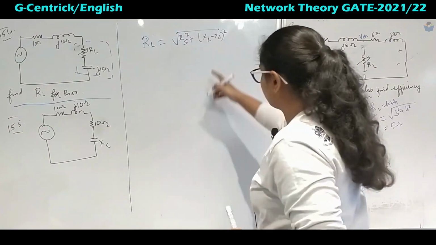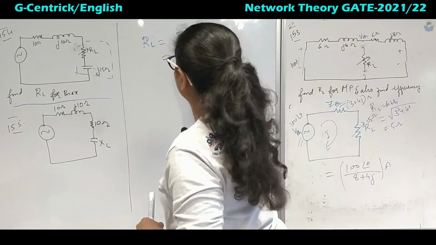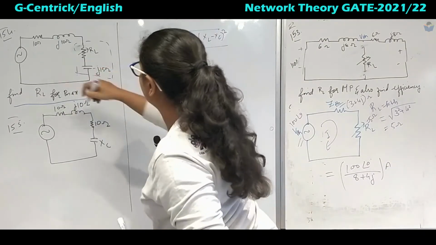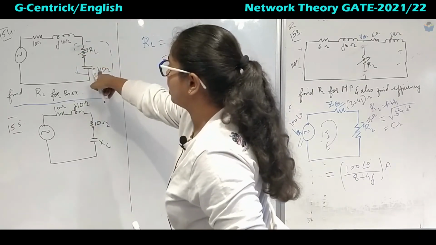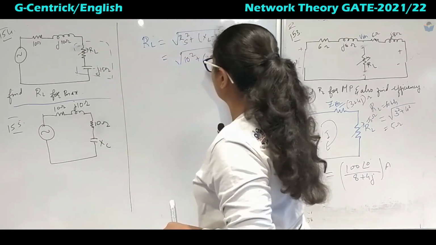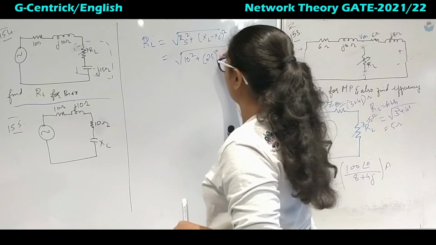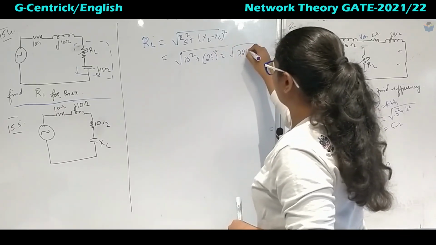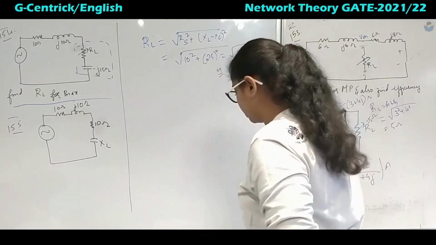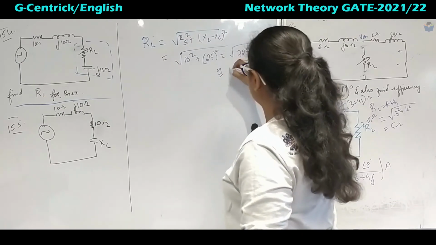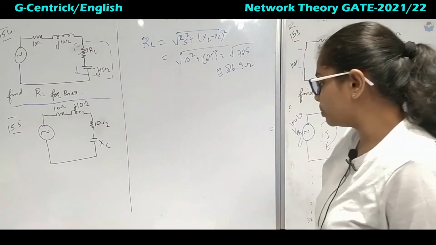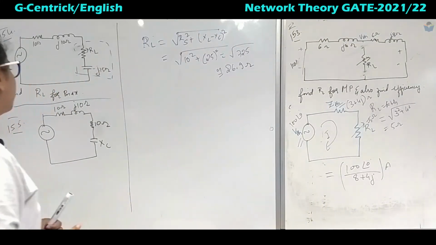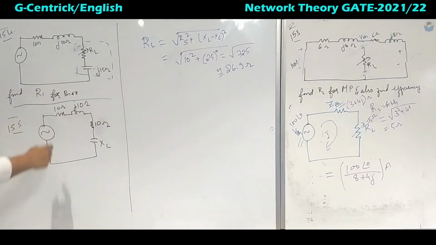Substituting what we have: RS is 10 square, plus XL is 10, minus of minus is 15, so together 25 square. The square root of 725 comes out to approximately 26.9 ohms. This is the condition for the maximum, so that is the value of RL.